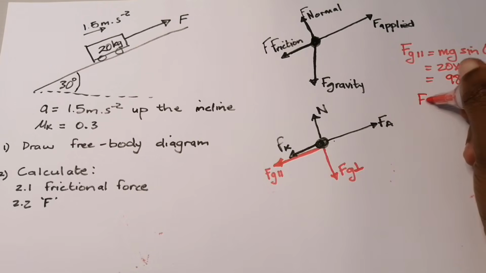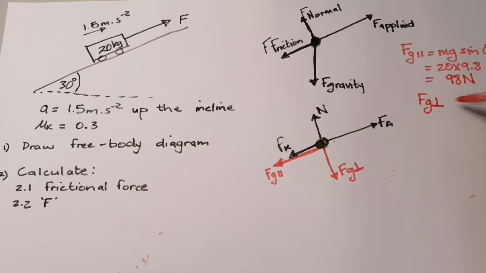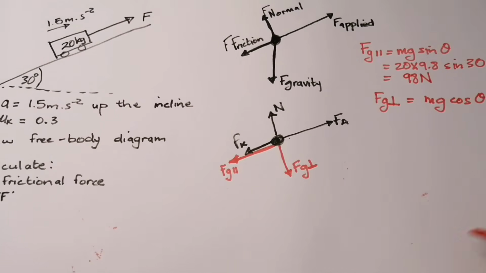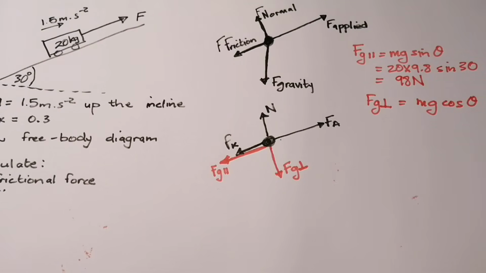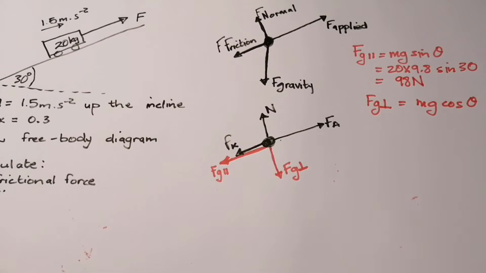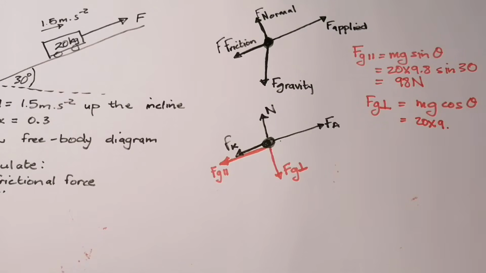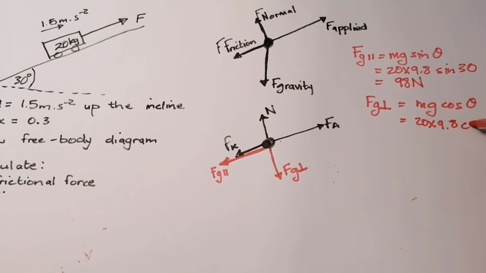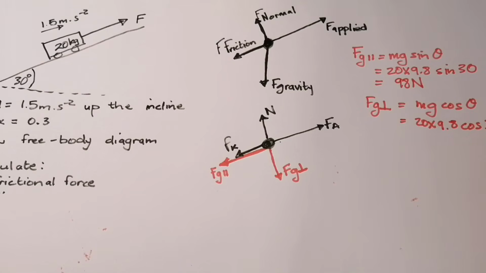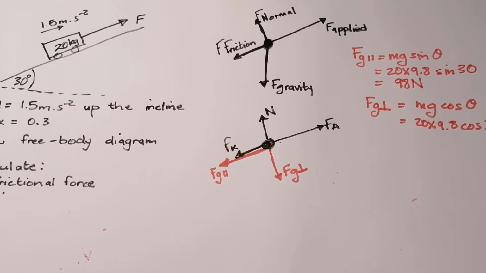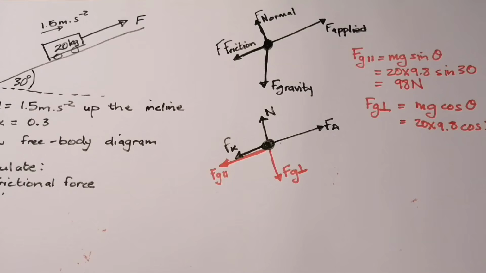And I'm going to calculate FG perpendicular. Remember we said that's mg cos theta, isn't it? So that's my perpendicular component. In this case, I'm simply going to say this is 20 times 9.8 times the cos of 30 degrees. Remember, angle of elevation is 30 degrees.